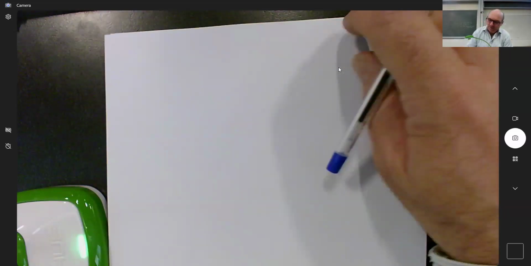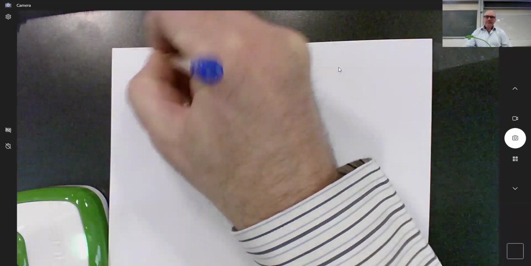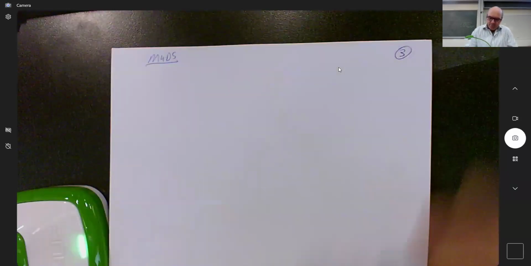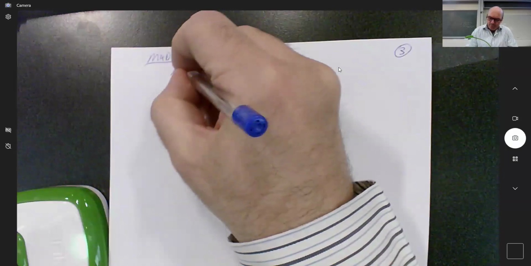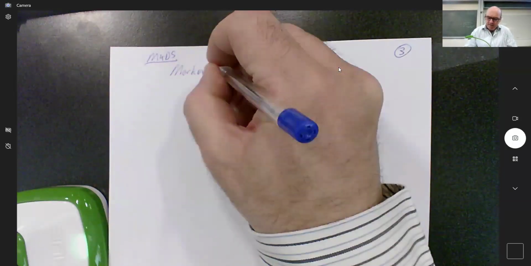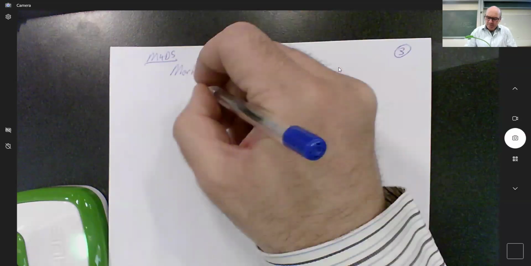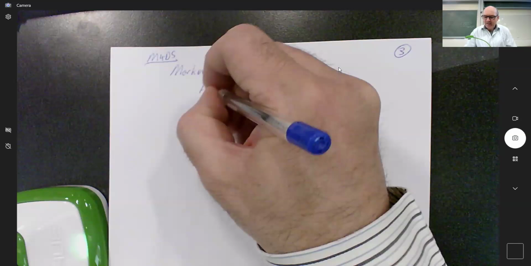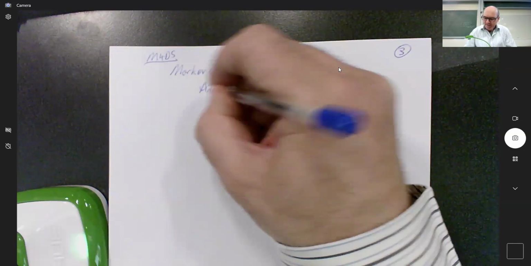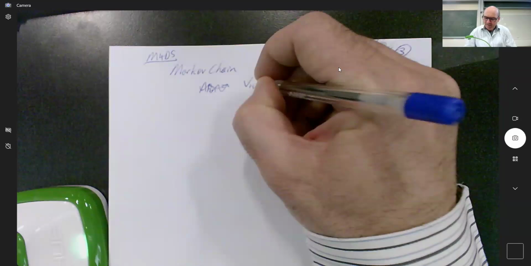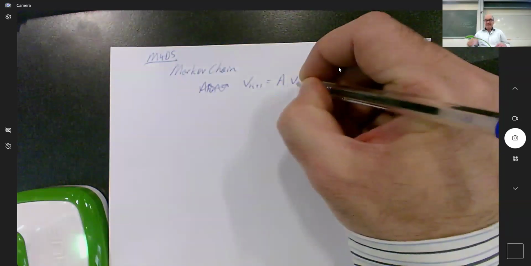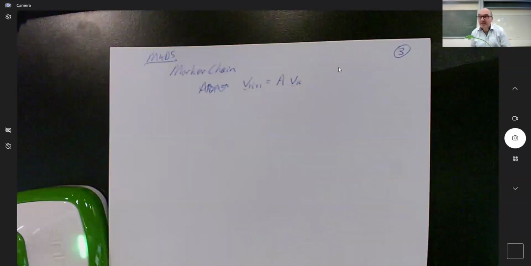And so Markov chains is one of those things where, if you look at what you've got, we usually say that, for a Markov chain, v(k+1) is equal to A times vk, where vk is a state vector. Okay, telling me about the number of people in there.